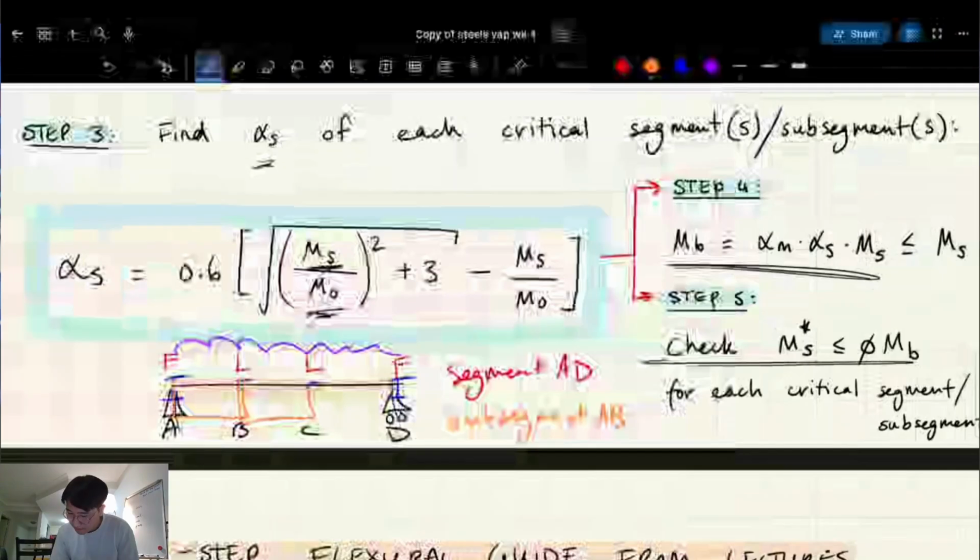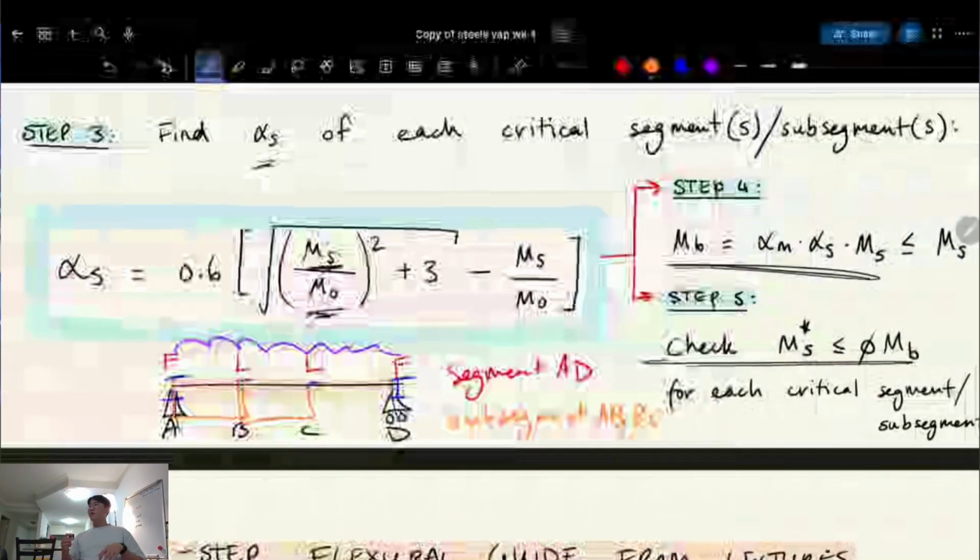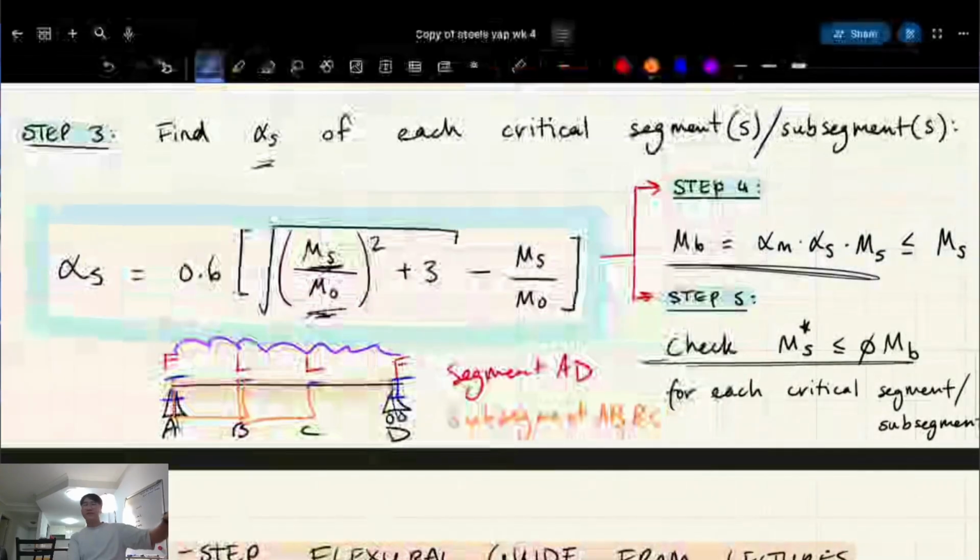What about A to C? No, that's not included. That's nothing, because a subsegment is between lateral restraints, and a full segment is between full vertical restraints, right?